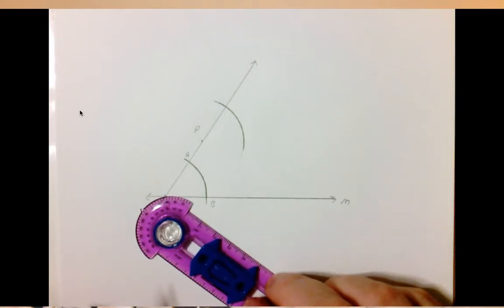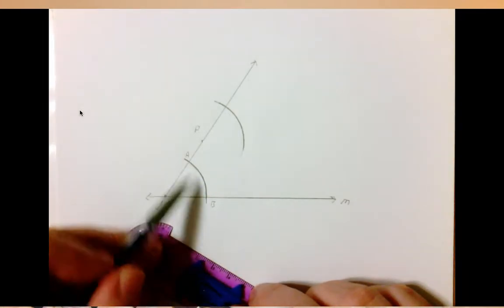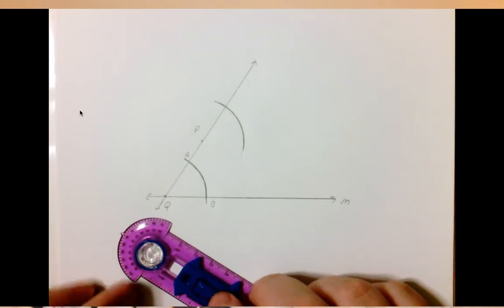Now what we need to do is set the length between points A and B as the radius of our next arc.